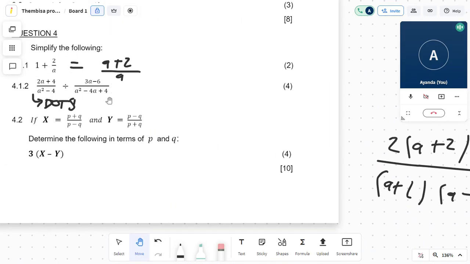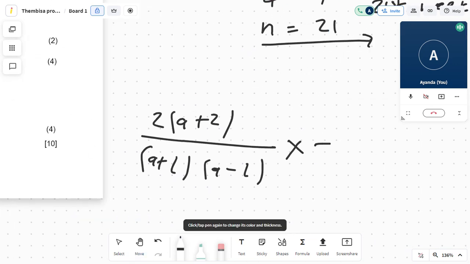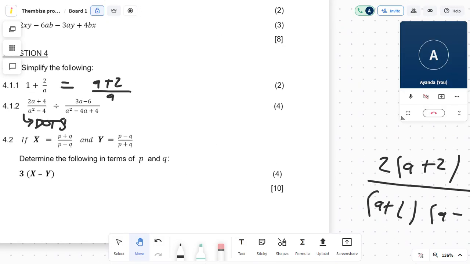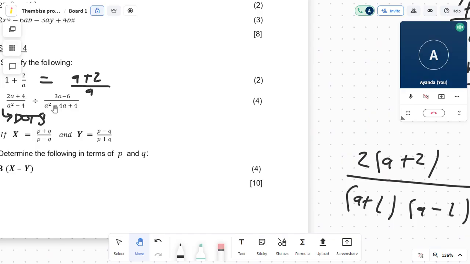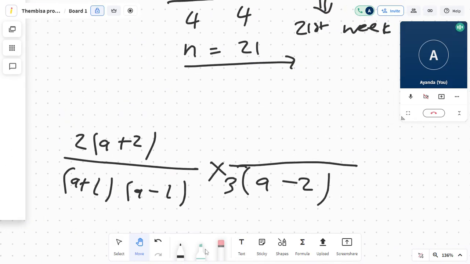So our numerator here is 3a − 6. So this is going to go to the bottom as 3 times (a − 2) if we take out a common factor of 3. And a² − 4a + 4 can be factorized as (a − 2) times (a − 2).